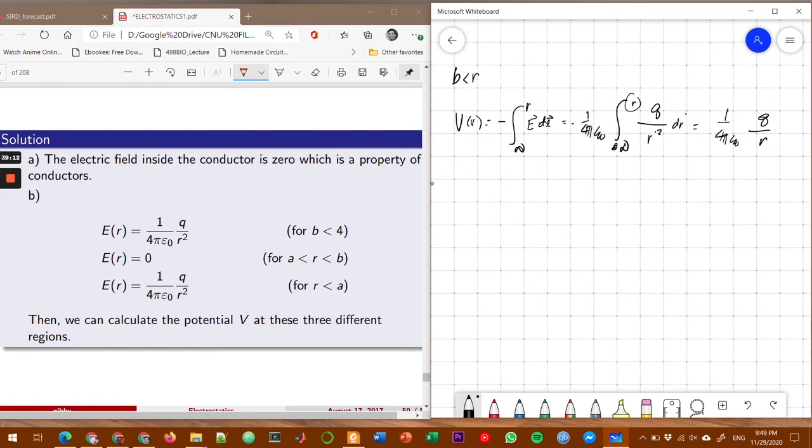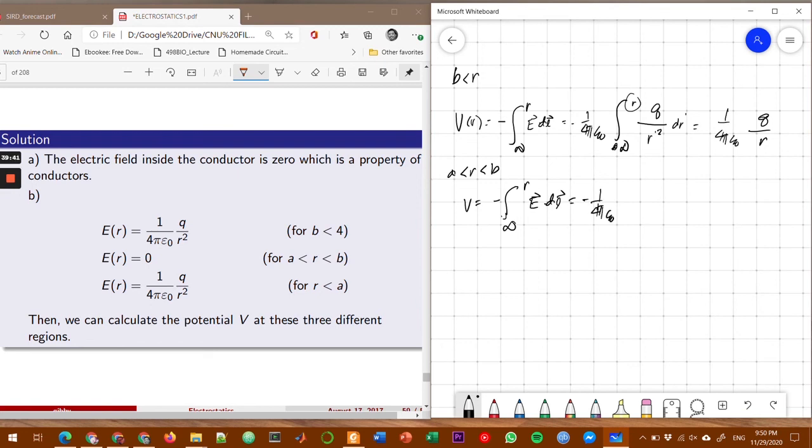However, for the potential in between, A less than R less than B, we still use the same equation. We have negative, from infinity to arbitrary point R, E dot dl.